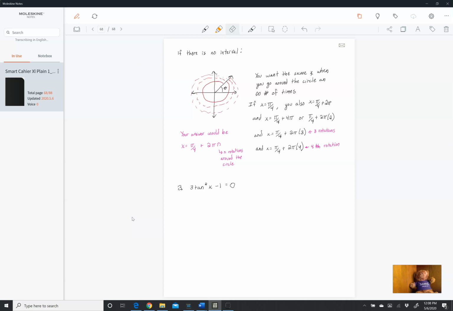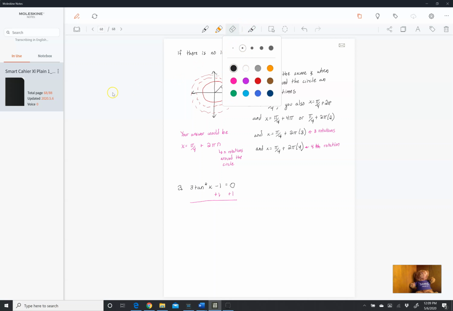So if you notice, I'm not saying in the interval. That means that you're going to have to do this addition, okay? So once again, all we do is isolate. So we're going to add 1 to both sides. Okay.